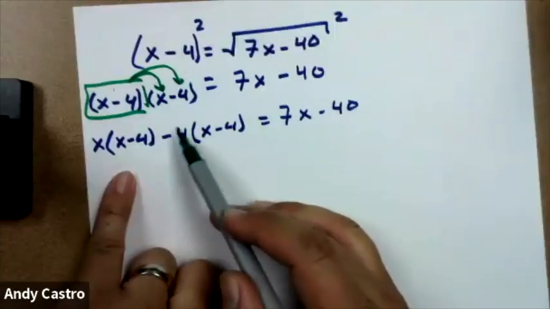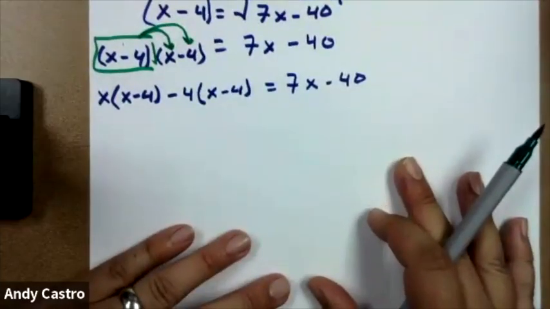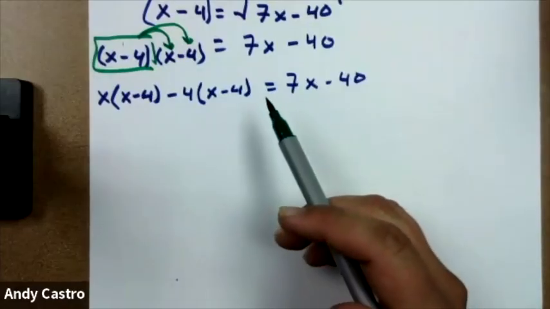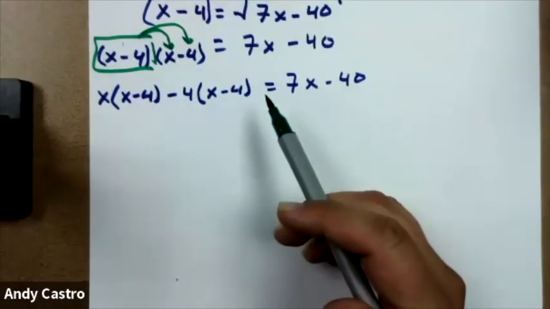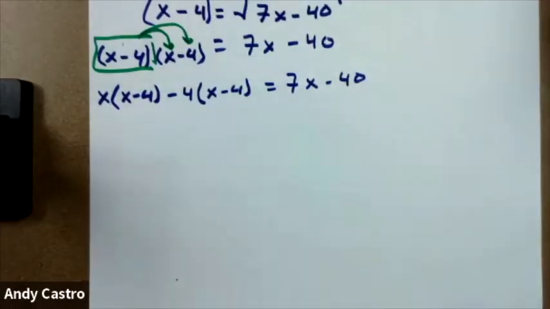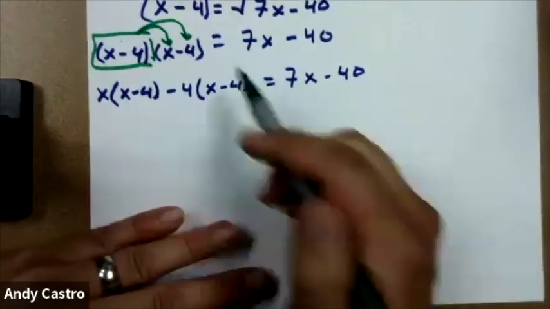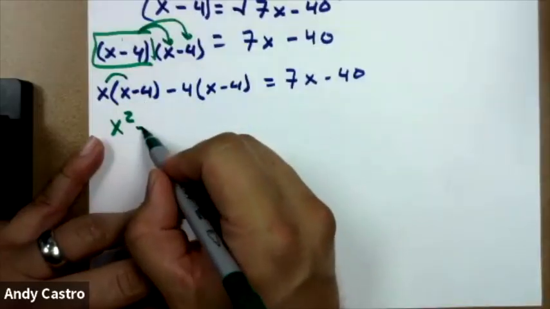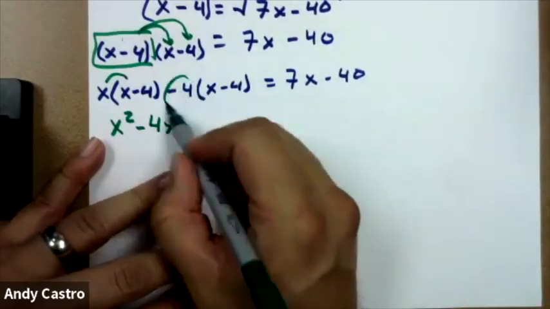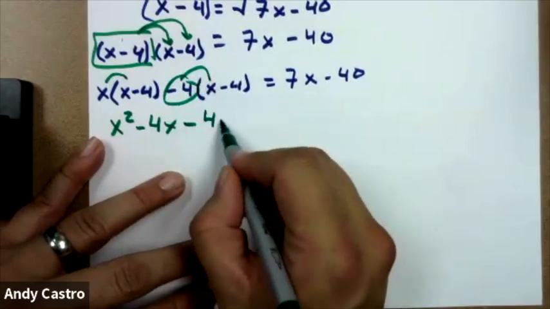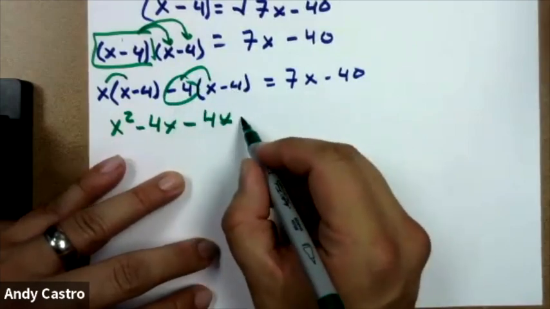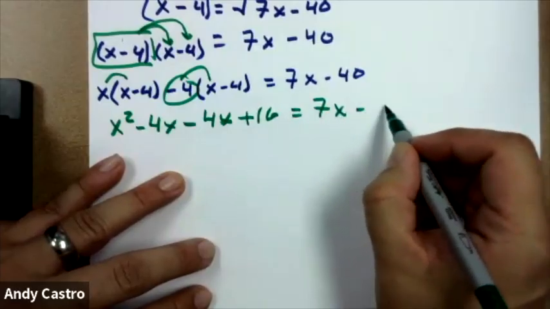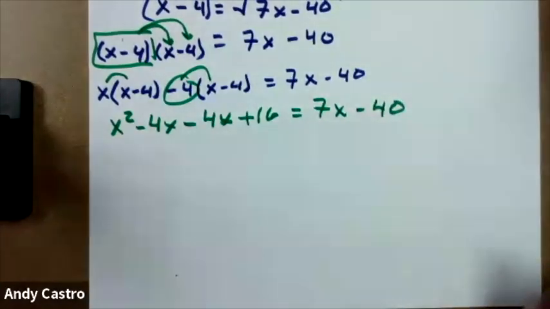Here I can do both of them together. All right, so what I'm going to do then is here we have x squared minus 4x, and here we have -4x. -4 times -4 is +16, equal to 7x minus 40.